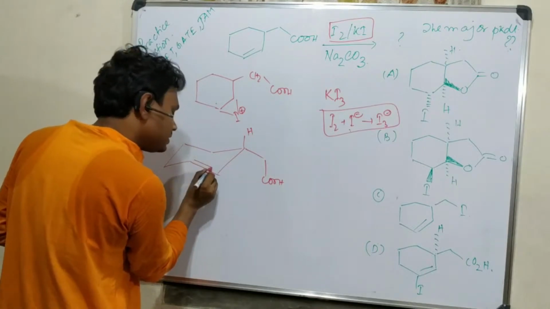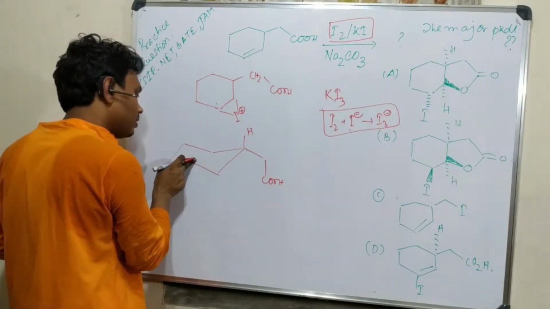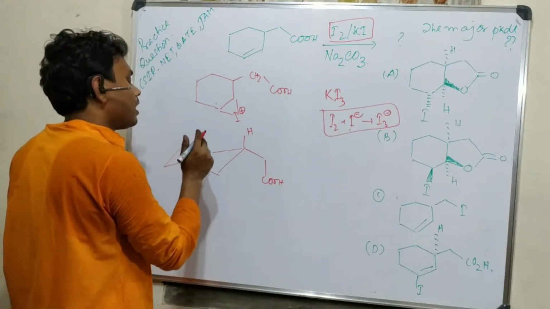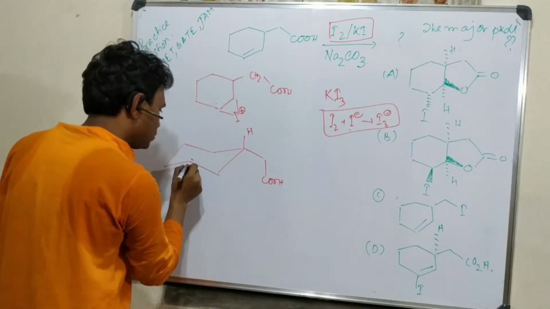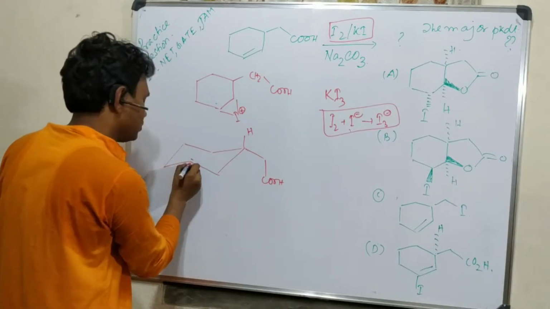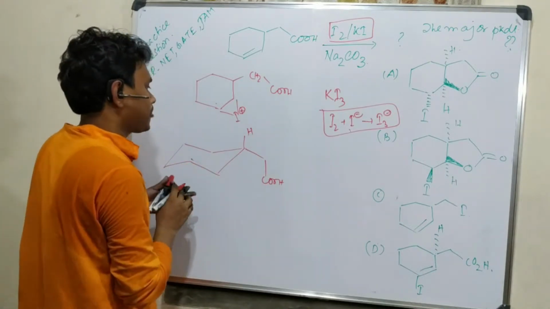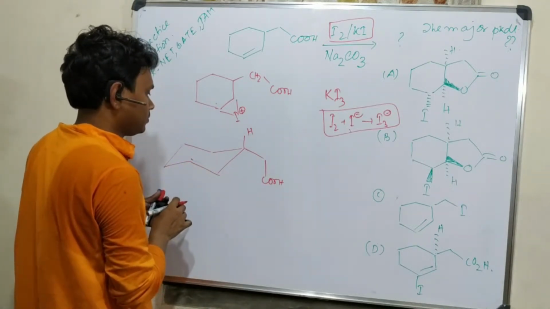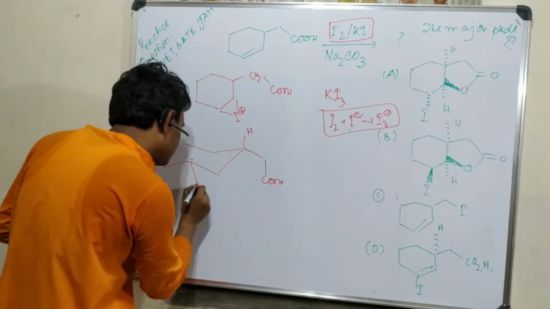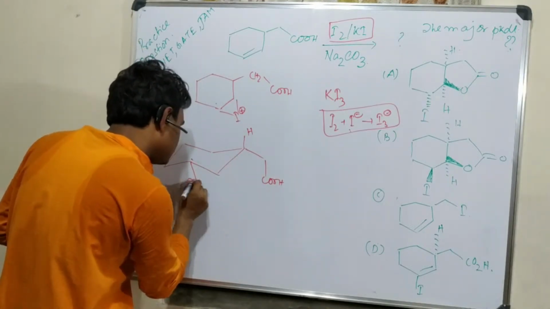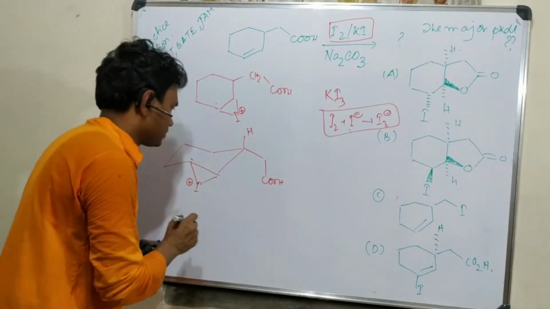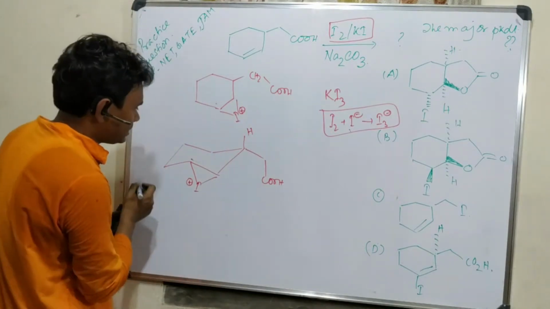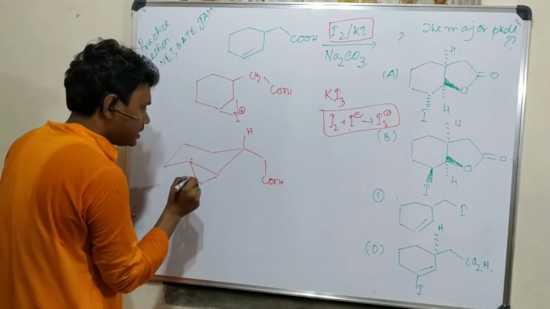Here the double bond was there, and right now the iodination will occur. So what will happen? I plus this. At this condition, what could be the situation?